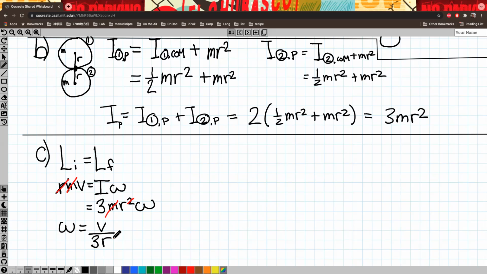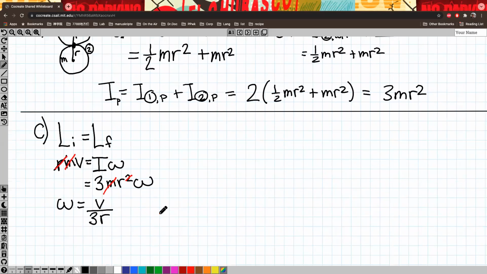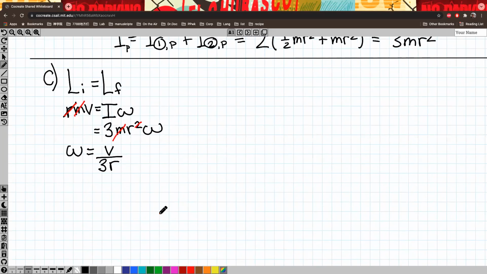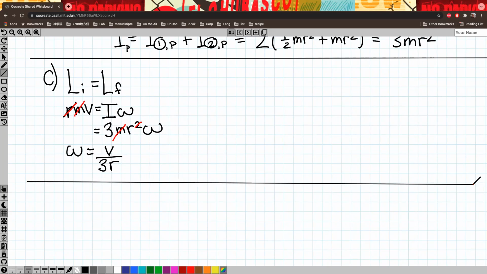Okay, so now part D, we're going to use conservation of linear momentum. So that's after.